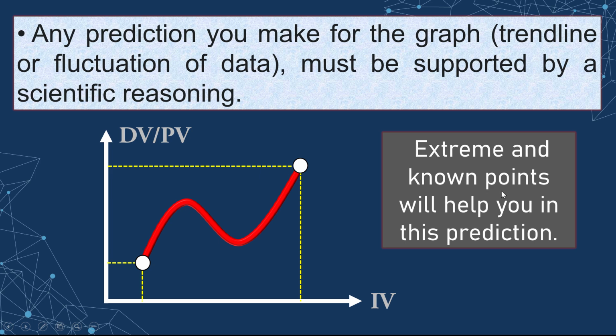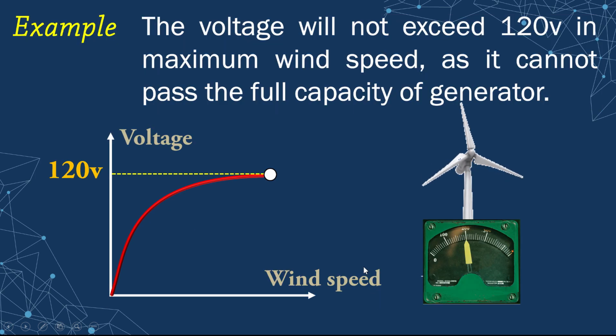Finally, extreme and known points will help you in this prediction. What do I mean by that? Let's say we have a wind generator, and I'm going to consider the voltage generated by this wind turbine versus the wind speed. Okay, I increase the wind speed and I check the voltage, but I know that the rated voltage on this generator is 120 volts.